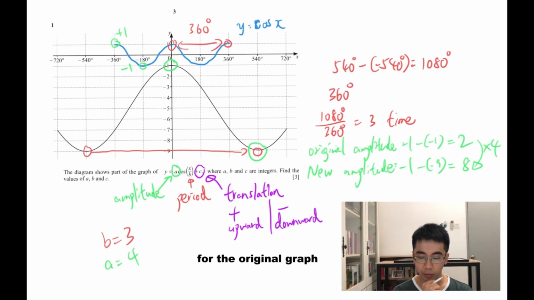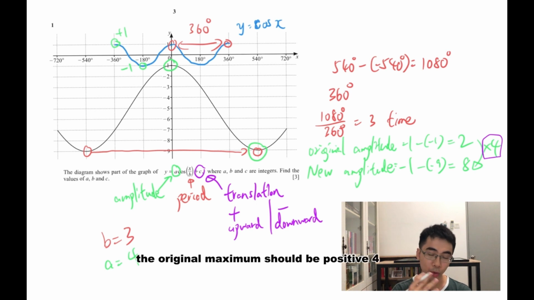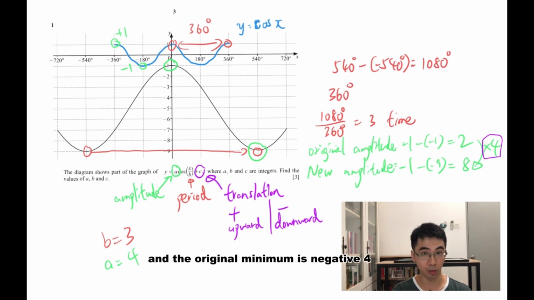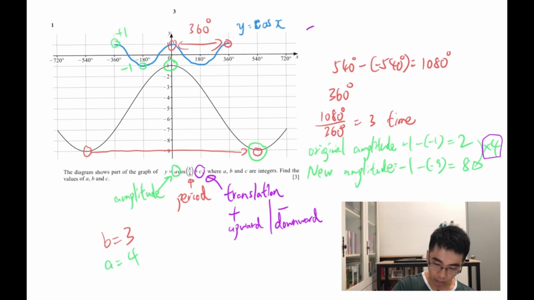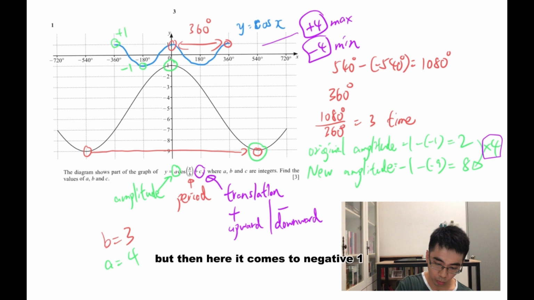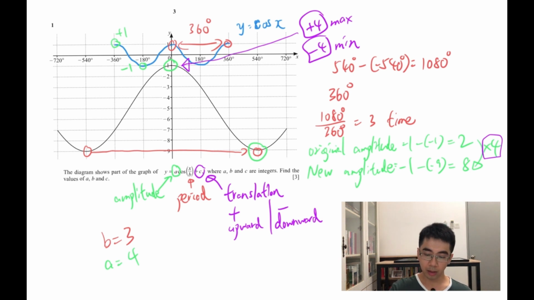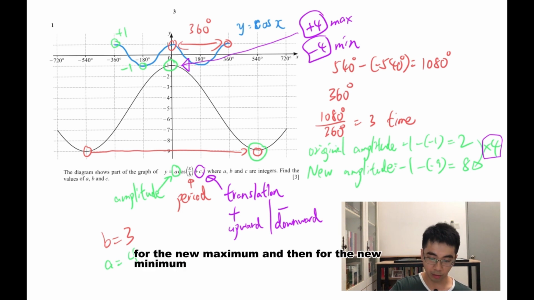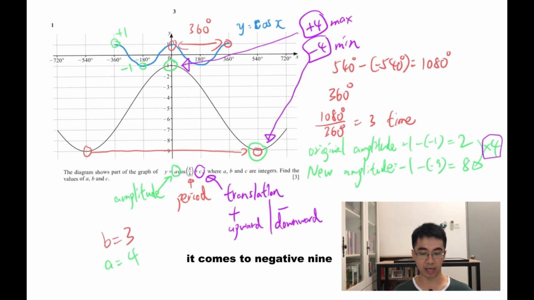Let's think about that. For the original graph, after applying a and b, the original maximum should be positive 4 and the original minimum should be negative 4, right? Because we multiplied by 4. But here it comes to negative 1 for the new maximum, and for the new minimum it comes to negative 9.